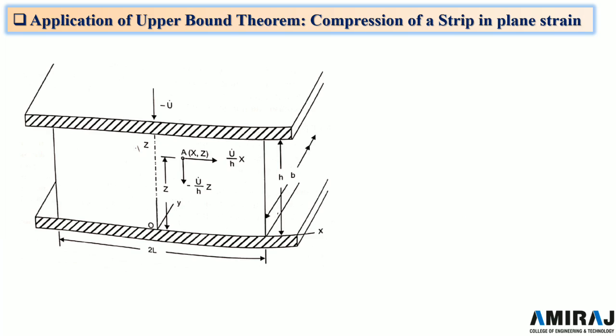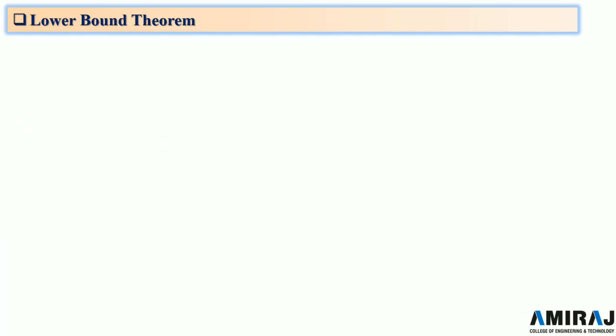Next is the lower bound theorem. When a body undergoes plastic deformation, a stress field and a velocity field are set up inside the body, and the stress field so created satisfies the equilibrium equation and yield condition, and also balances the external traction or tool force. Generally, we wish to determine the tool force, but since the actual stress field is not known, the external traction cannot be determined.